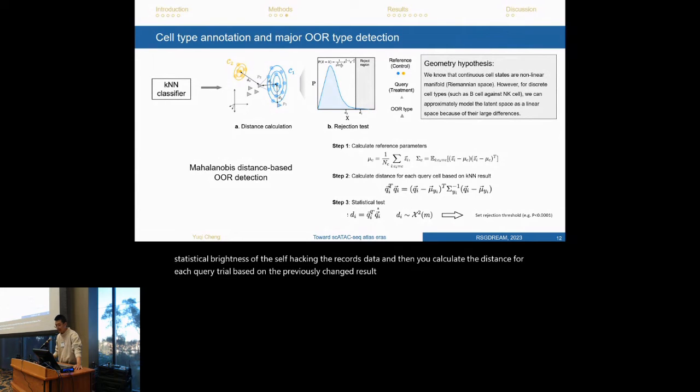We can easily find that this distance obeys a chi distribution. Thus, we can perform a significance test based on the distribution function and then obtain the rejection threshold. A query cell with an unconfident label will be recognized as an unknown cell.